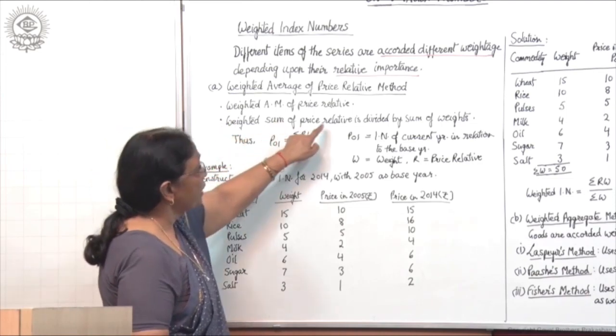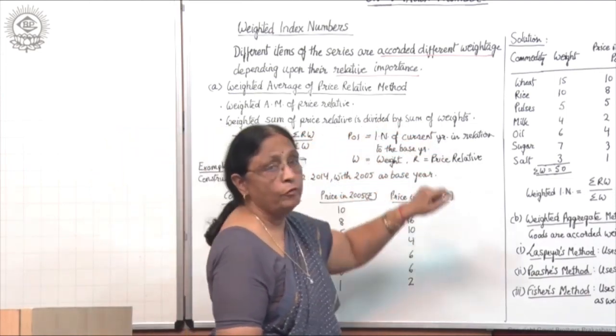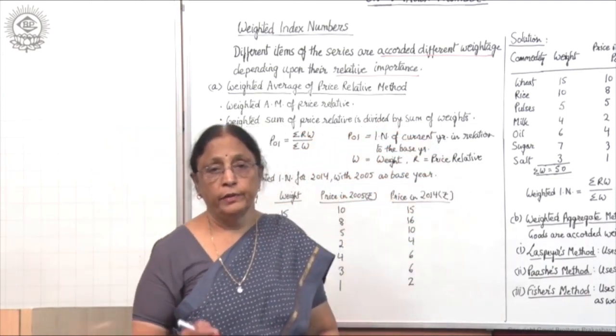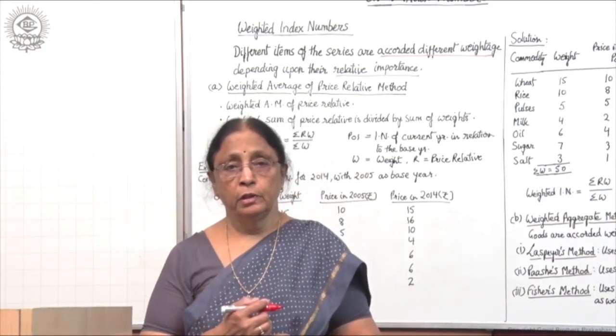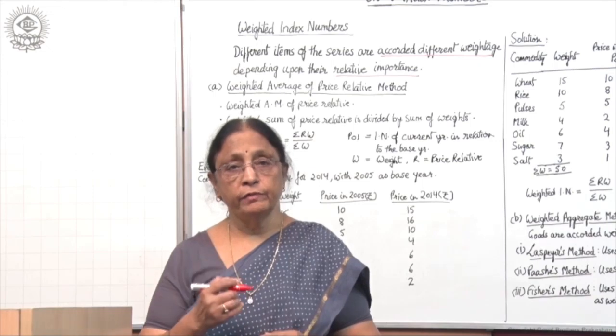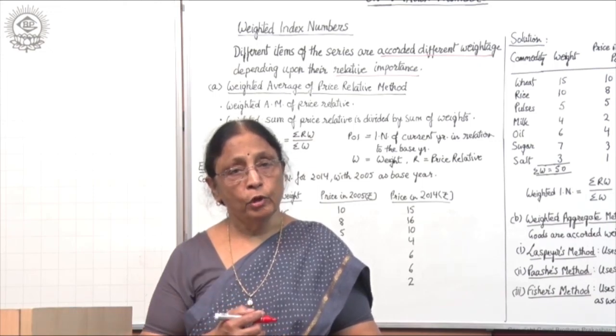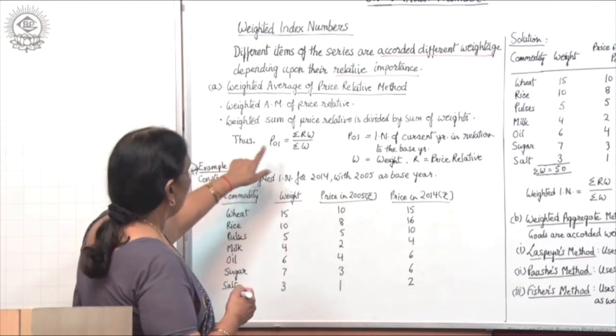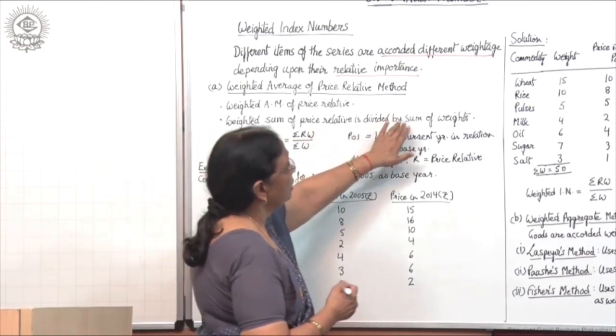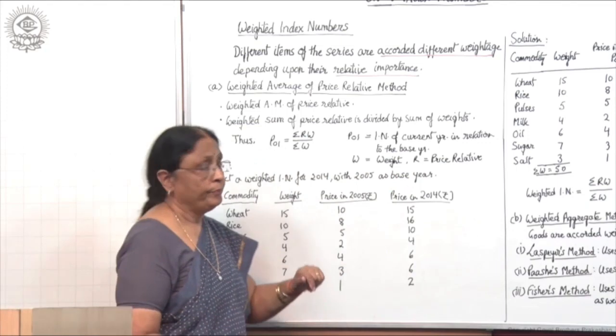Weighted sum of price relative is divided by sum of weights. Right? Weighted sum of price relative divided by sum of weights.